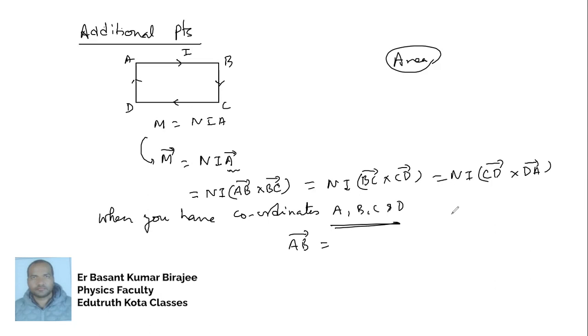AB vector will be just this A, and here you have B.